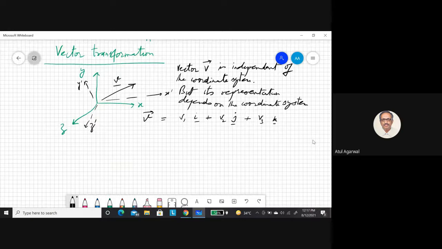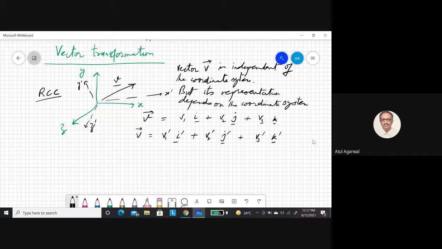Again, I can say vector V is v1 prime i prime plus v2 prime j prime plus v3 prime k prime. You see, I have got two different coordinate systems. Both are rectangular Cartesian coordinate systems, but their axis orientation is different.